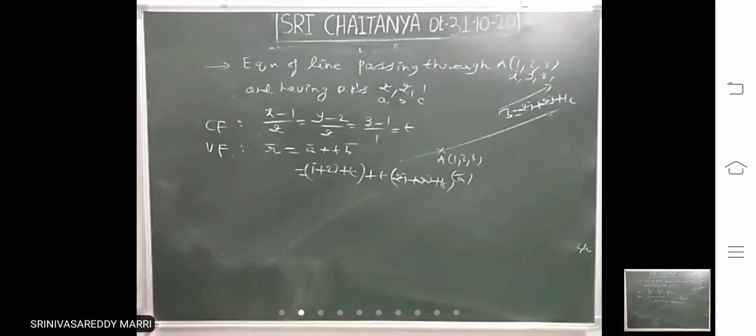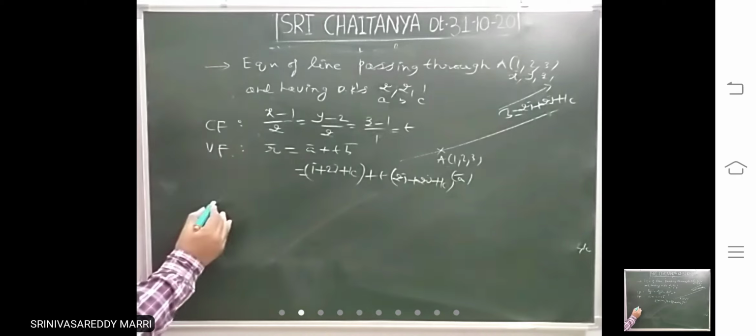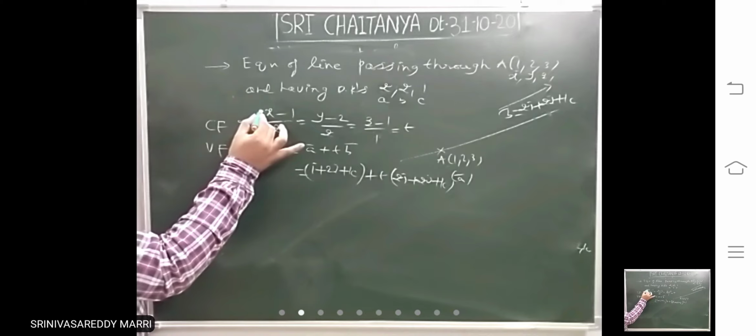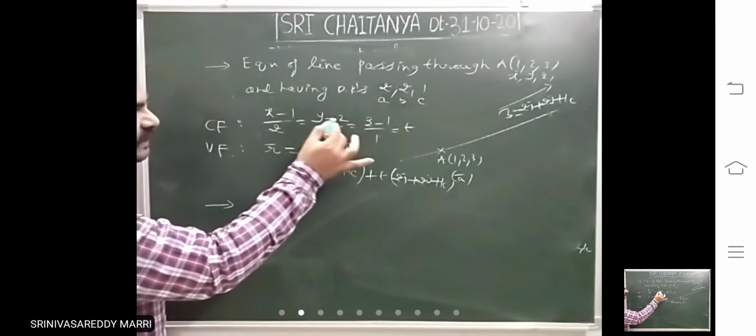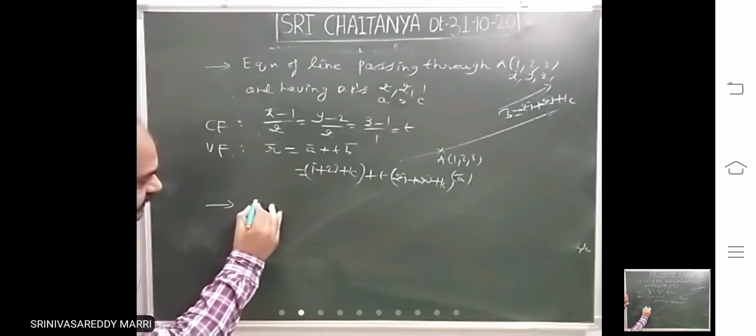This is the vector form, right? So if this is there, you can write this. Line must always be like this: x coefficient must be 1, y coefficient must be 1, z coefficient must be 1. Suppose there is a vector form.